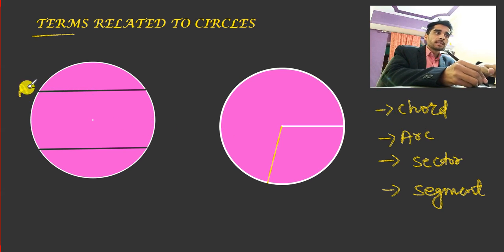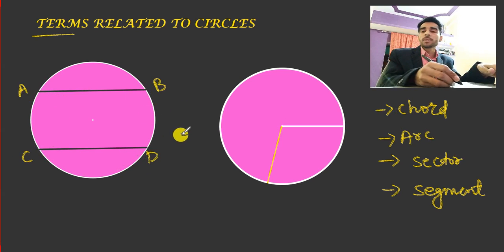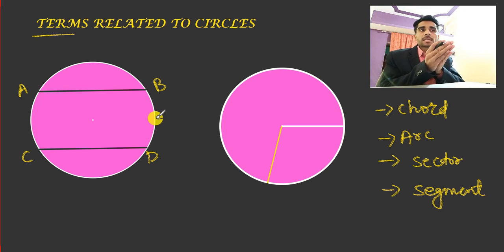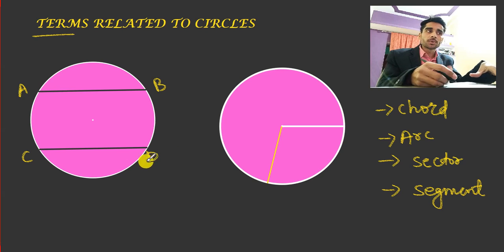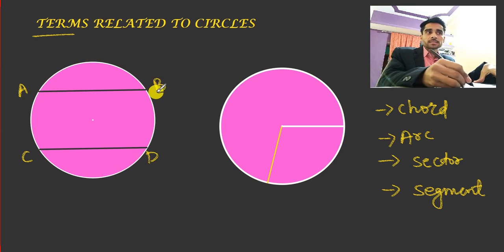In this circle, if I name these line segments AB and CD, then they will be known by the name chord. You know very well that if we draw a line segment by joining two points lying on the circumference of the circle, then that line segment is known as a chord.